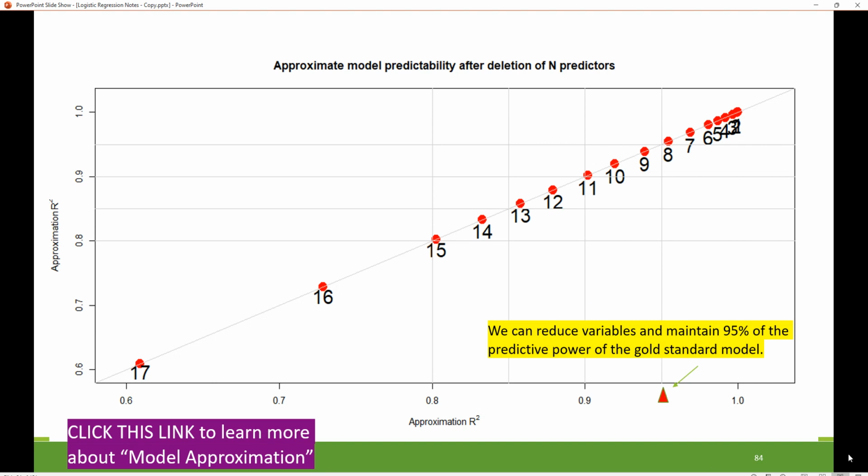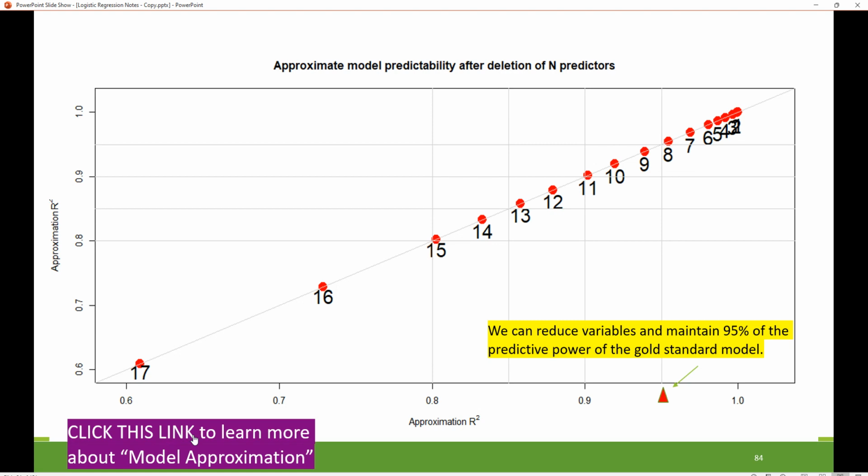So in the bottom right, we have a red triangle, and that points up to about the 8th variable. So you can drop these first 8 variables and still have about 95% of the predictive power of that original model.